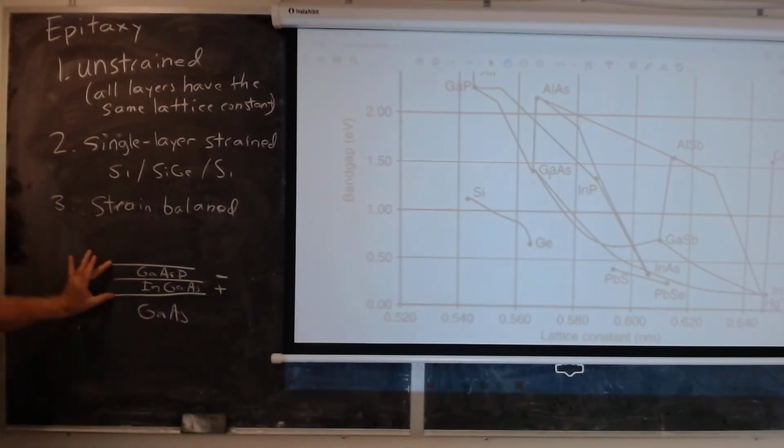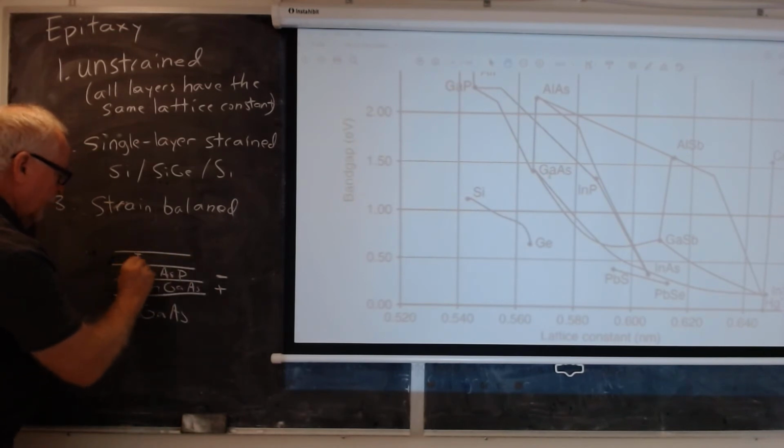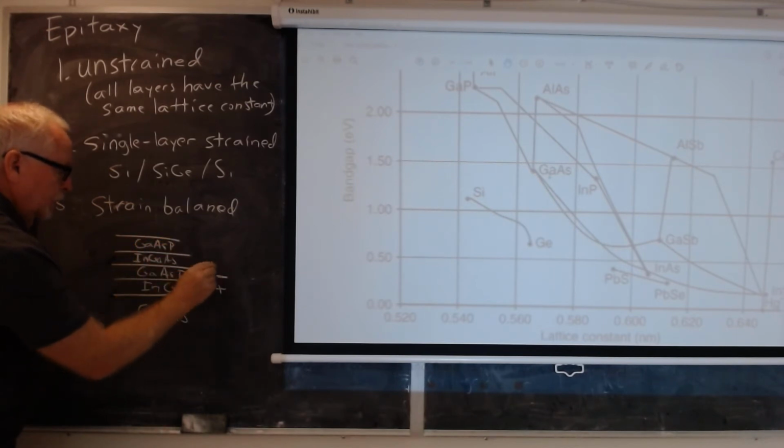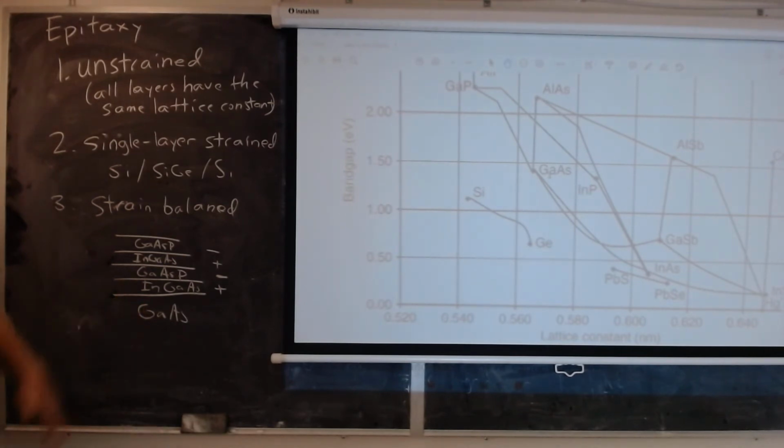But if the sum of them has an effective lattice constant that's the same as gallium arsenide, it's happy. It's strain balanced, minus plus. And then you can keep doing this. Indium gallium arsenide, gallium arsenide phosphide. Okay? And the homework today is evaluating that situation. And the homework is fairly self-explanatory, and you'll be able to figure it out.